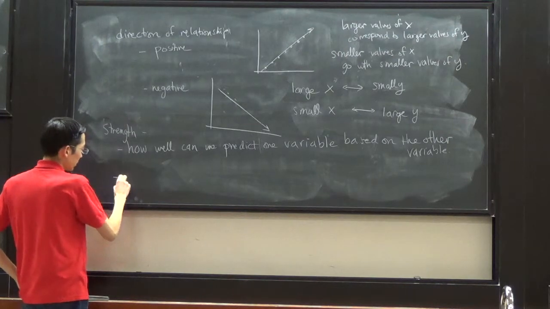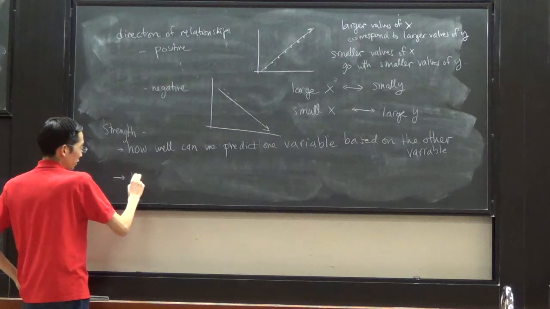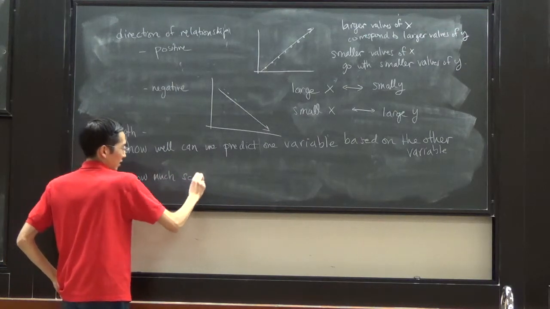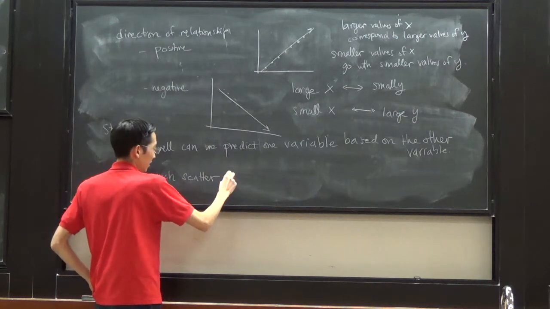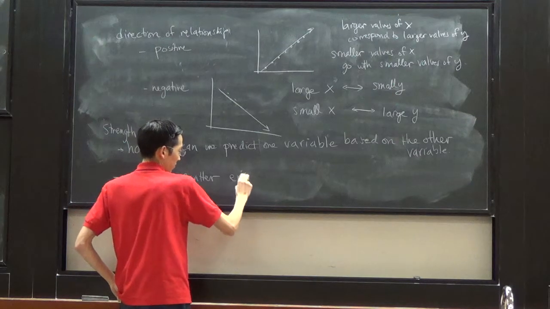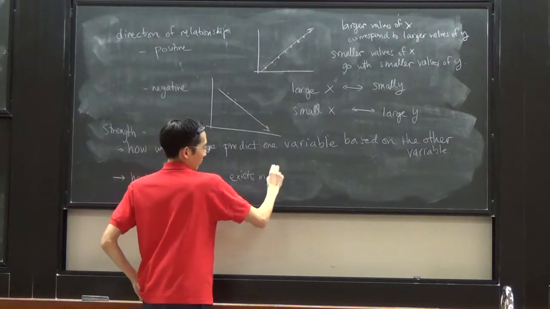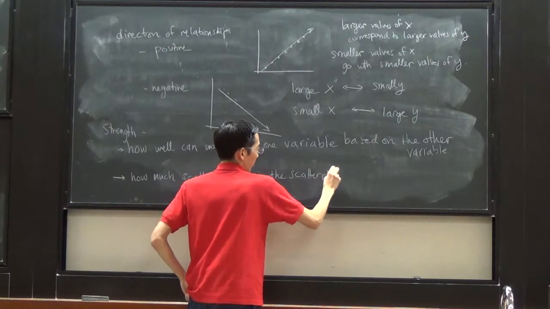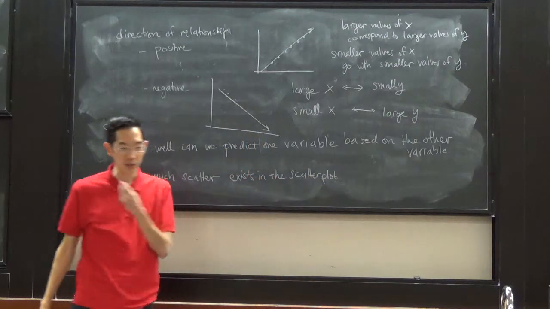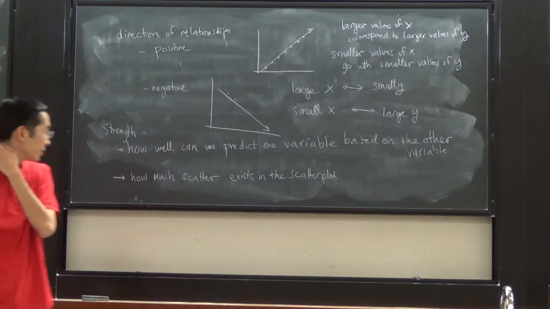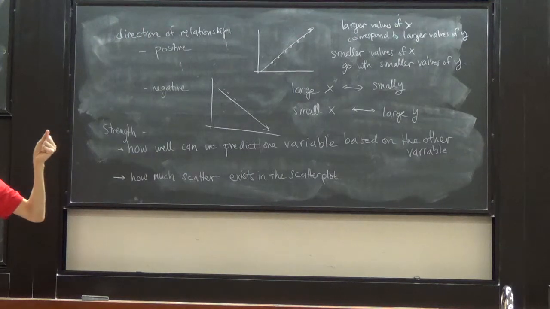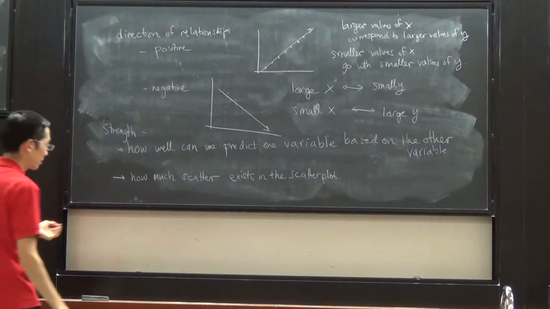Or another idea is how much scatter do we have? Scatter exists in the scatter plot. These are both informal definitions. But basically, if you have a strong relationship, you would have good predictions and little scatter.